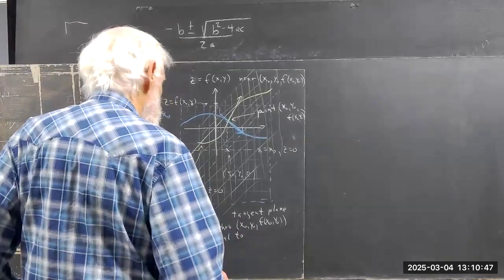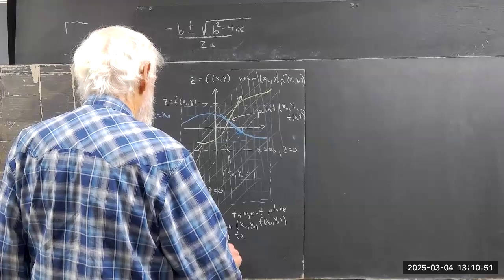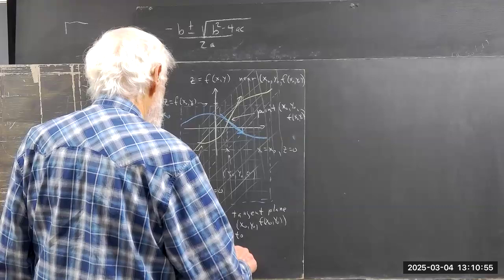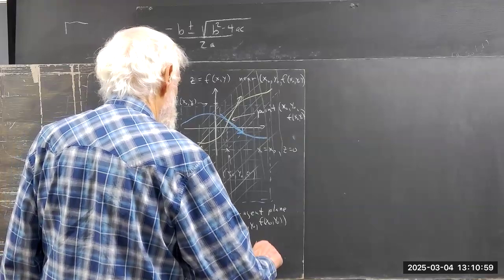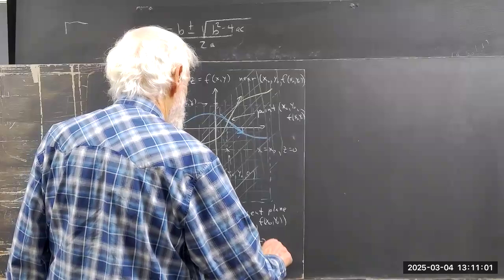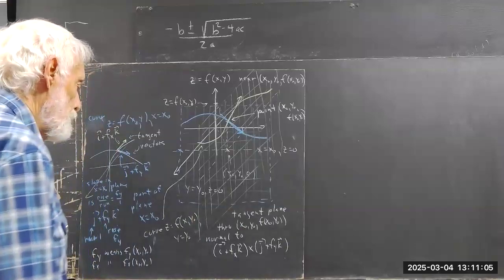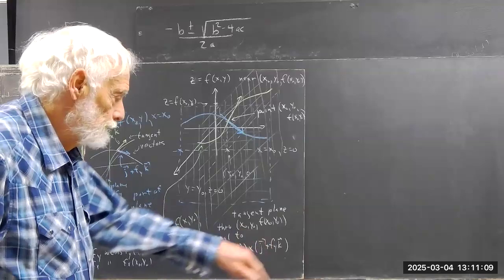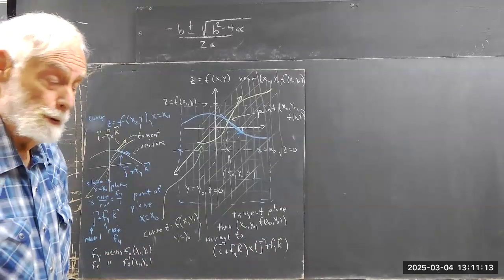But these are normal to i plus fx k crossed with j plus fy k. I know the cross product of these two vectors is normal to the plane.